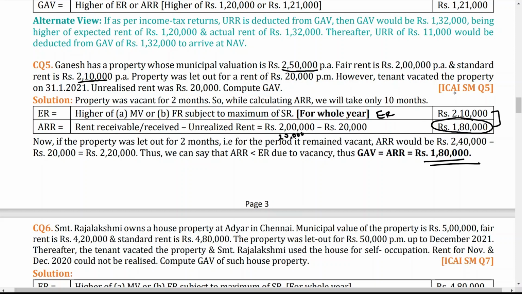So 20,000 into 10, 2 lakh, minus 20,000 unrealized rent. So 1 lakh 80,000 you have received. So your ARR is less than ER due to vacancy. So in that case, your ARR will become the answer. The same thing we have applied here. So ARR is your answer.